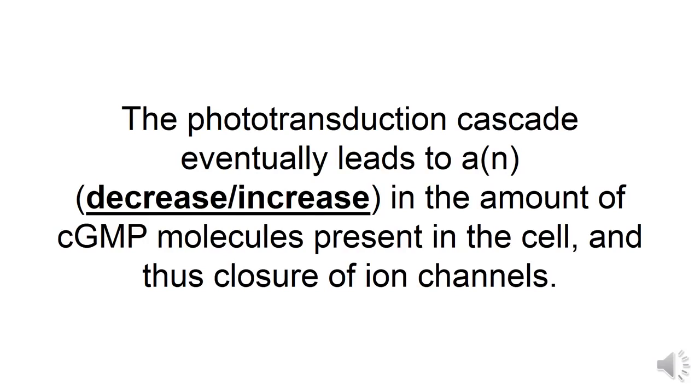So the phototransduction cascade eventually leads to a decrease or increase in the amount of cyclic GMP molecules in the cell, and then closure of ion channels. So the question being asked is, does it lead to an increase in the concentration of cyclic GMP or a decrease?